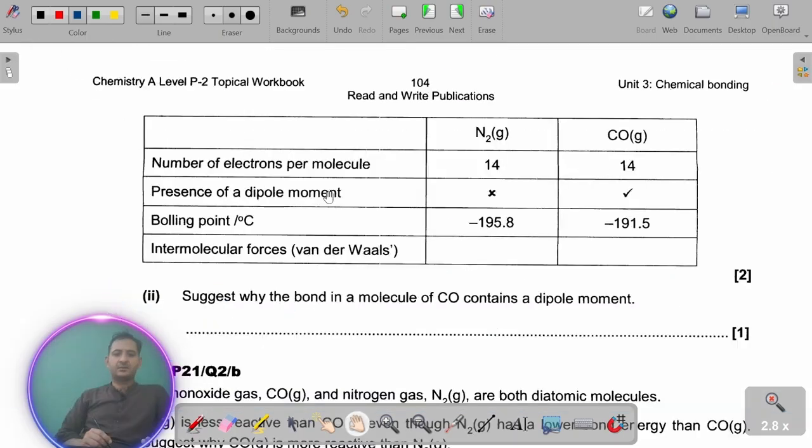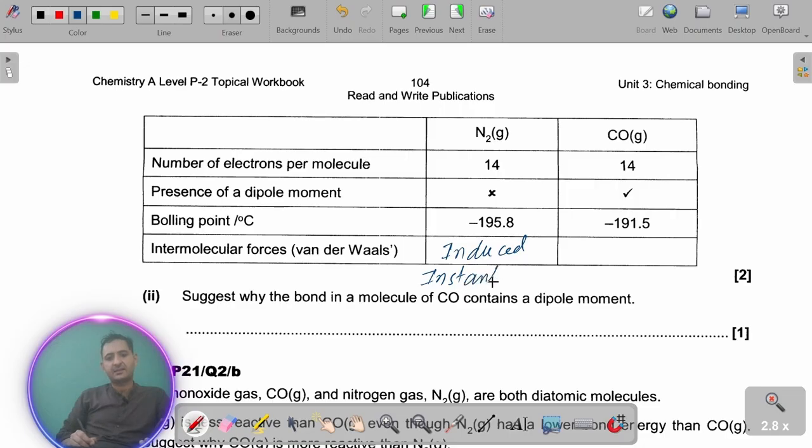Understand? So now we have to predict the type of force. We know in N2 there's no permanent dipole. So it is an induced dipole. Most preferable is induced dipole; they have only induced, or you can say instantaneous dipole for a very short time.